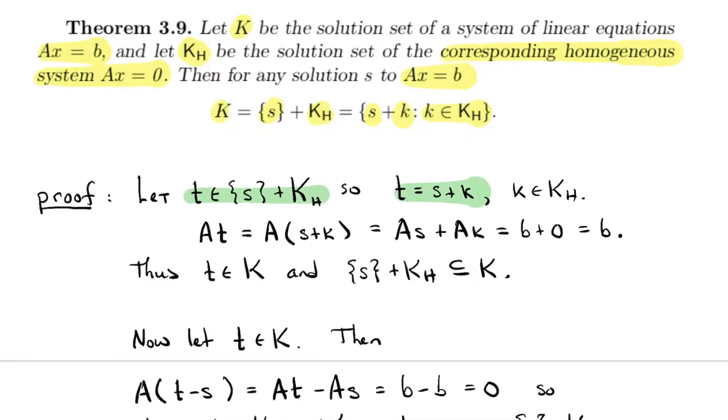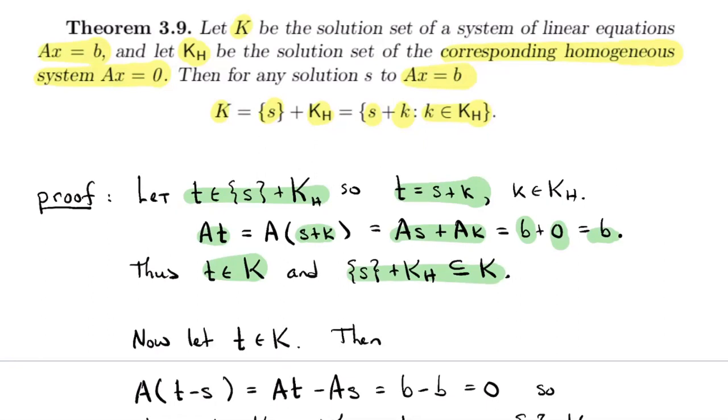I take A times T, substituting S plus k for T and using a little bit of matrix algebra. A times S is B because S is a solution to the system. A times k is 0 because k is a solution to the homogeneous system, and 0 plus B is B. So T is a solution. Since T was an arbitrary element of S plus K sub H, that shows that S plus K sub H is a subset of K. So there's half our work.